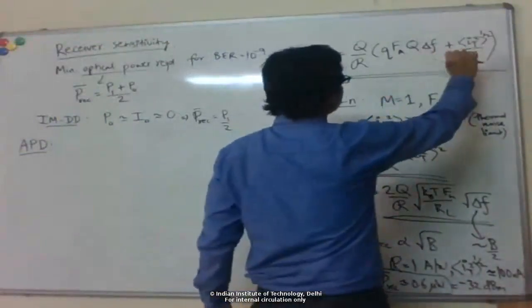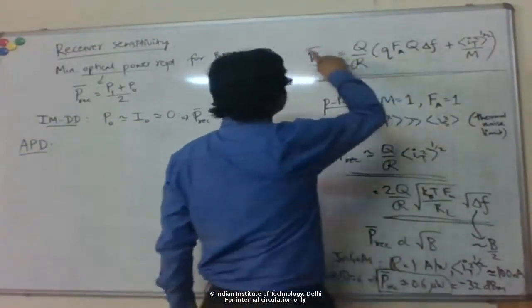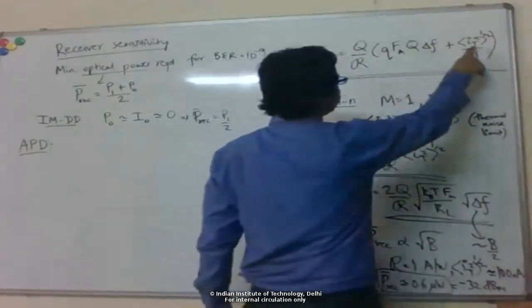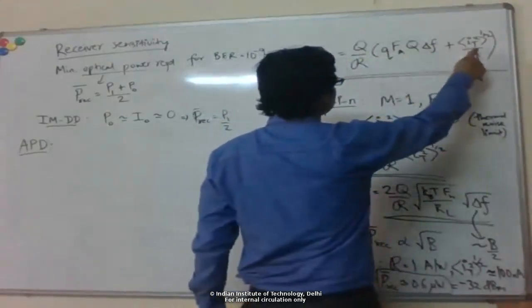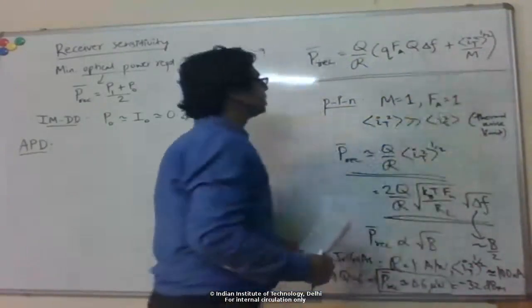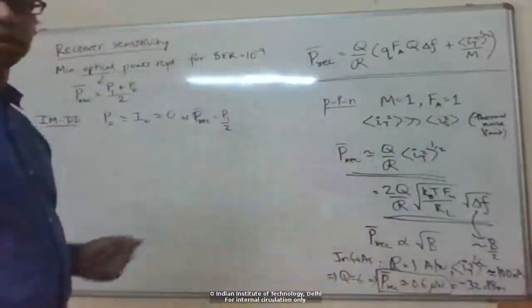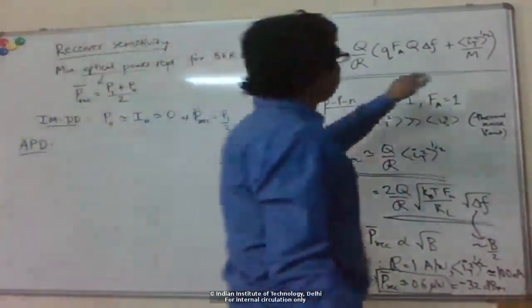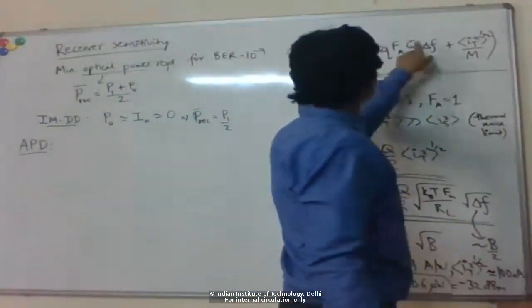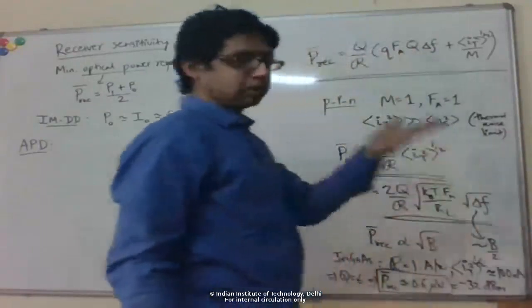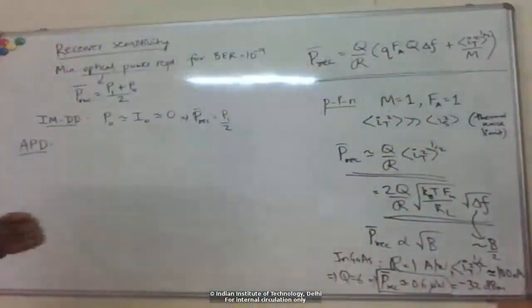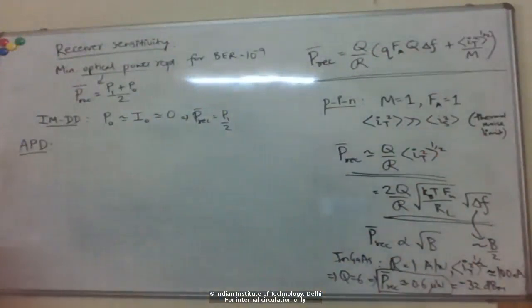If we remain in the thermal noise limit, then you would expect the receiver sensitivity to be enhanced by a factor of M. That means you need a factor of M lower optical power to get the same BER. But that doesn't happen because of this excess noise term also, because the shot noise also increases for the APD.